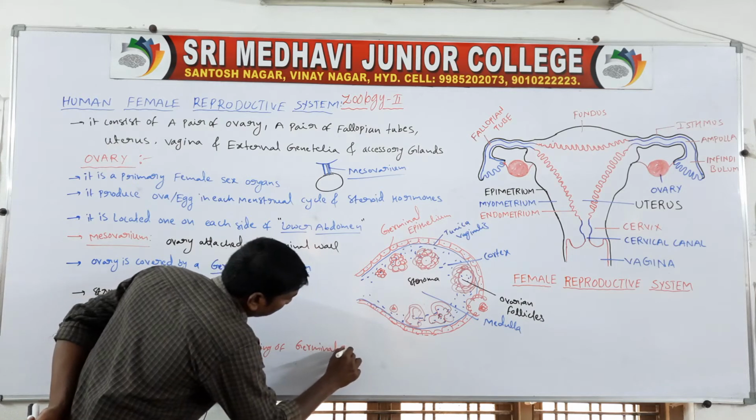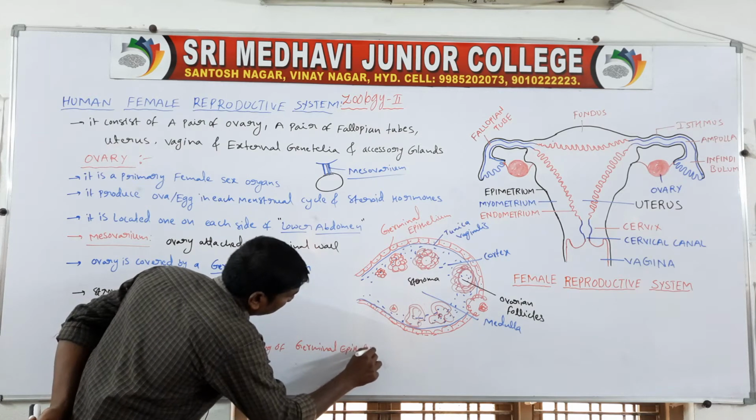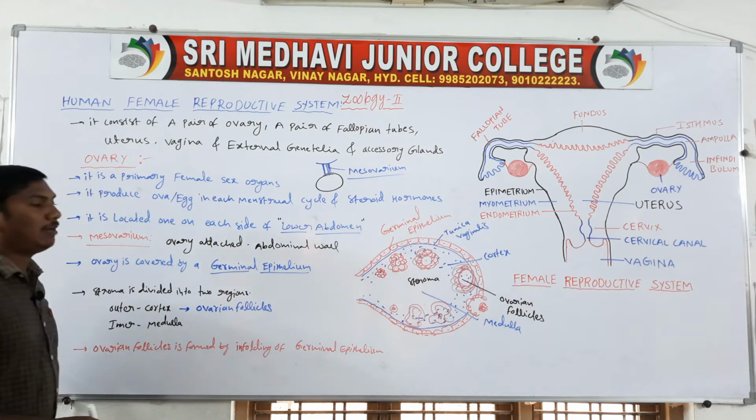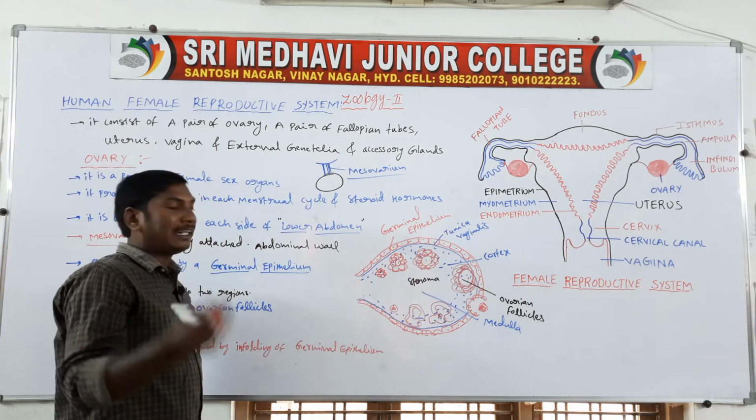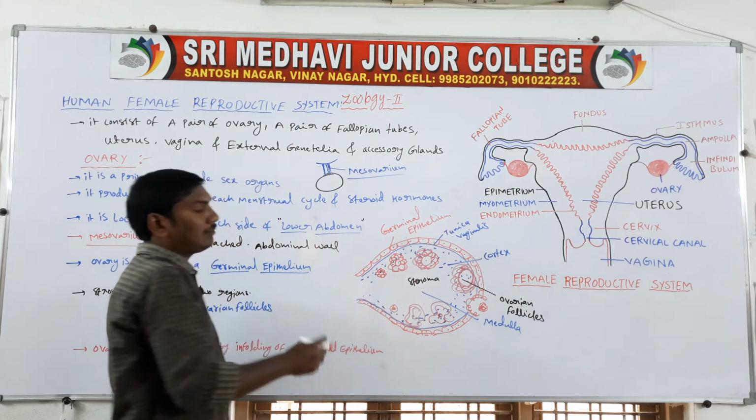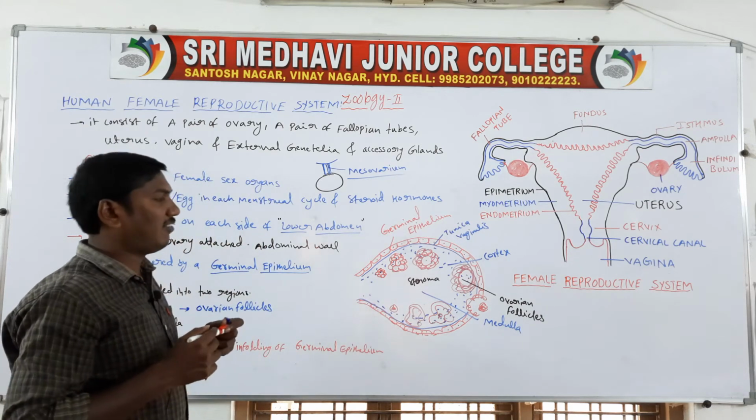So they are formed by the infolding of germinal epithelium, the formation of ovarian follicles.